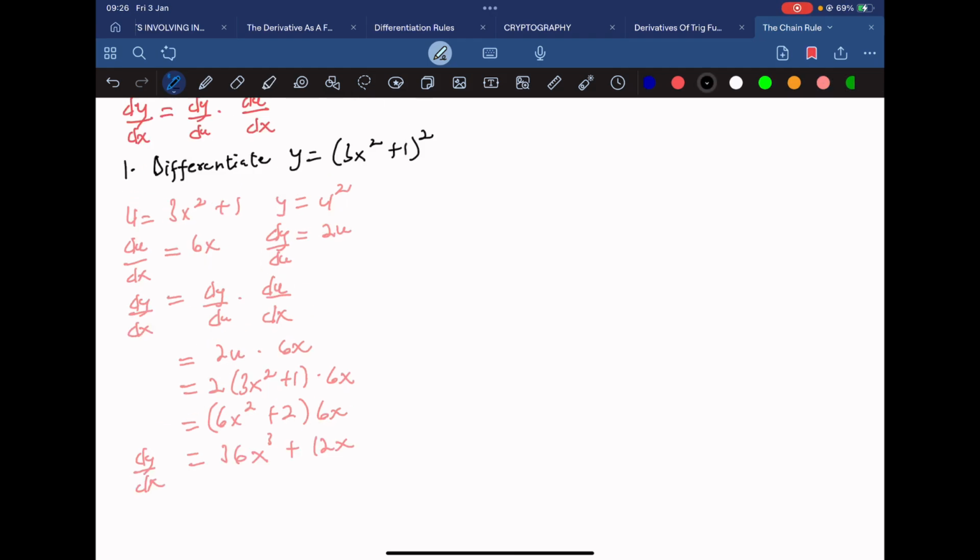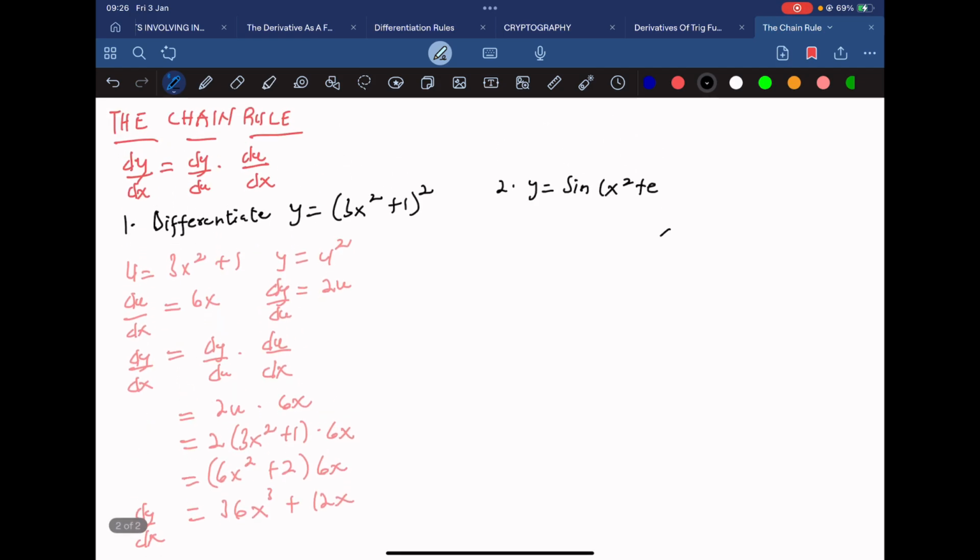Now let's look at a second question where we have y equal to sin(x² + eˣ). Always remember that your u is what is in the parentheses. So in this case, we have x² + eˣ. So we can rewrite y to be sine of, remember, all of this is u.